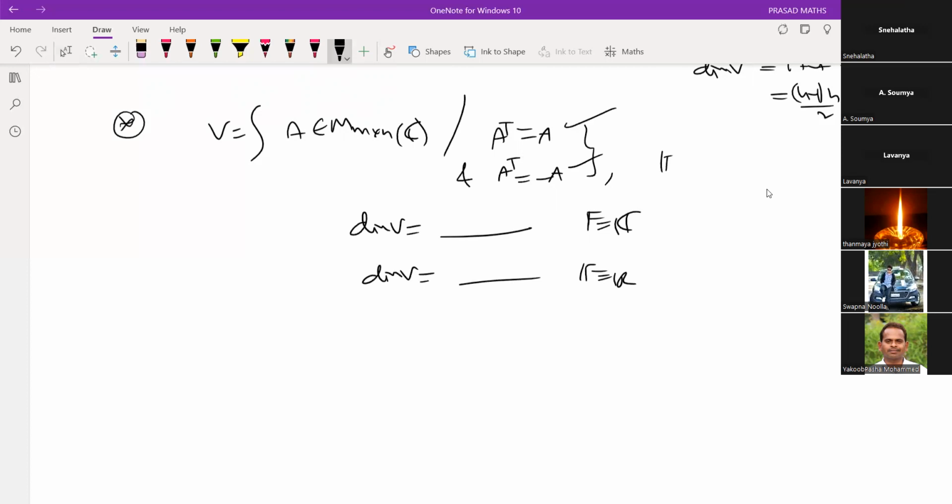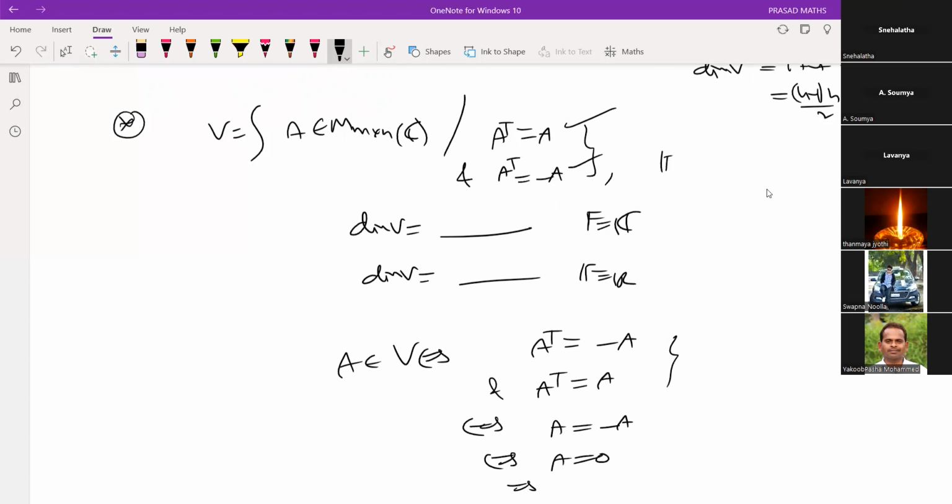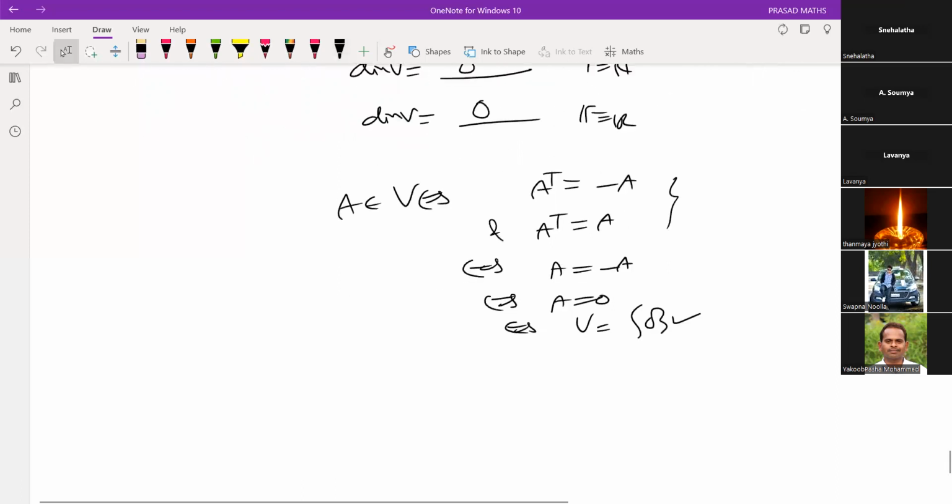If the matrix must be both symmetric and skew symmetric, it must be the zero matrix. A transpose equals minus A and A transpose equals A. Therefore by these conditions A equals minus A, so A must be 0. So V is just the zero matrix, and the dimension of the zero matrix is 0. 2 into 0 is 0. Is it clear?